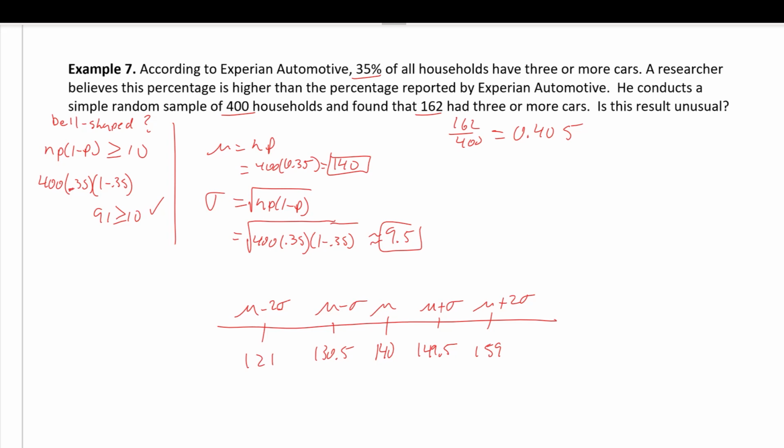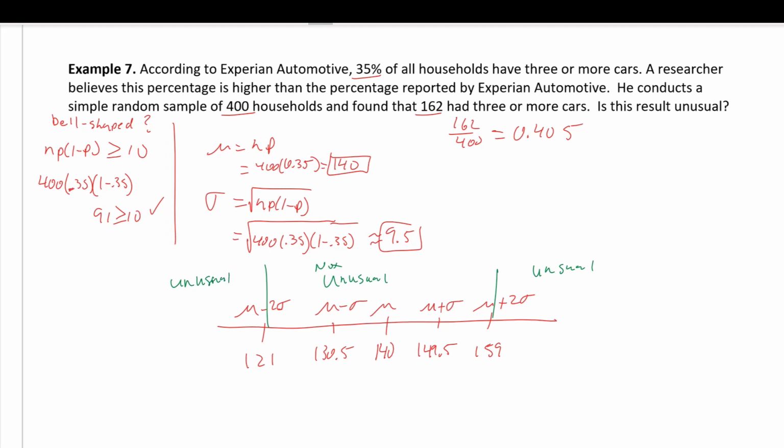All right. Now, anything beyond 2 standard deviations, so everything between here and here is not unusual. These would be unusually high results, and this would also be unusually low results.